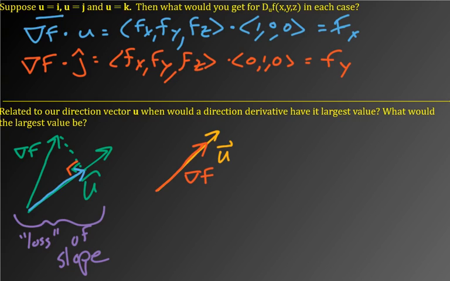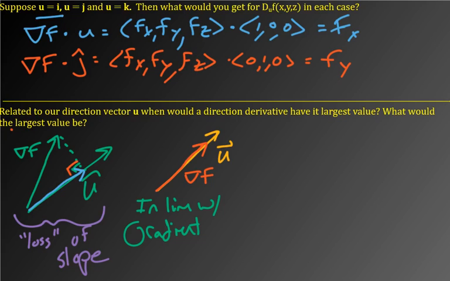So what direction, related to our direction vector, do we need to point in? Basically, it needs to be in line with the gradient. And then we, in a sense, don't lose any of that slope. And the largest value would literally then just be the magnitude of the gradient of f.